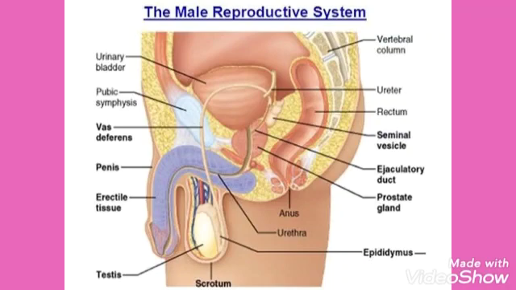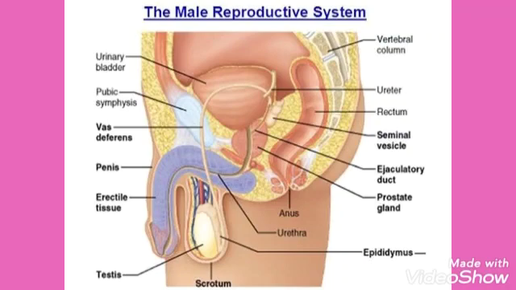Rete testis are the ducts that connect the seminiferous tubules of the testis to the vasa efferentia.